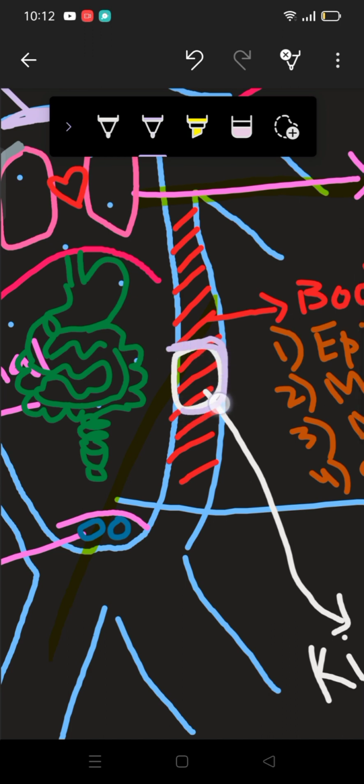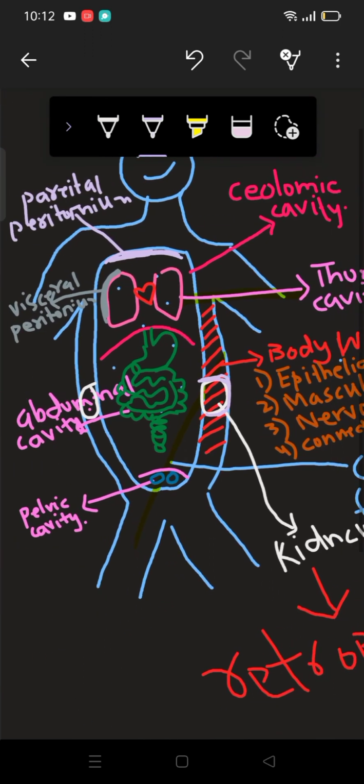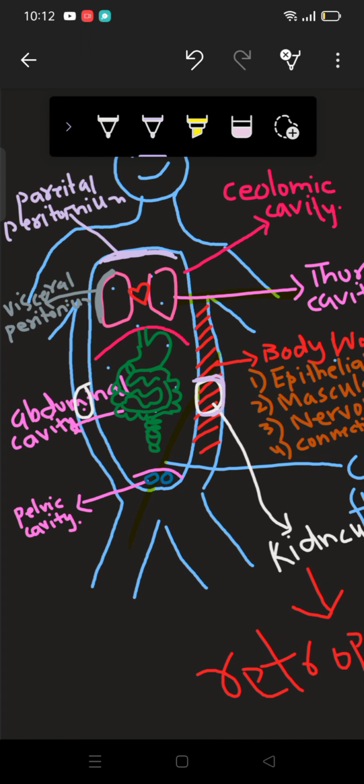Now the parietal covering is on the coelomic cavity. All the organs are enclosed in your parietal peritoneum. But kidneys are not enclosed in the parietal peritoneum. Instead, they are covered with the visceral peritoneum only.